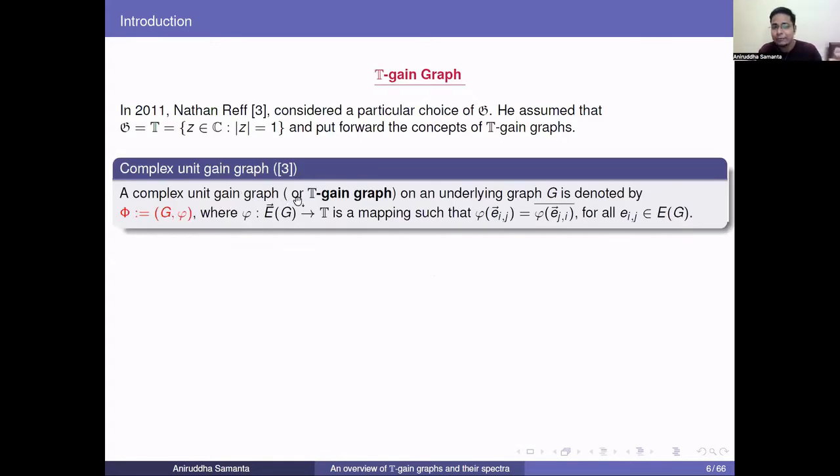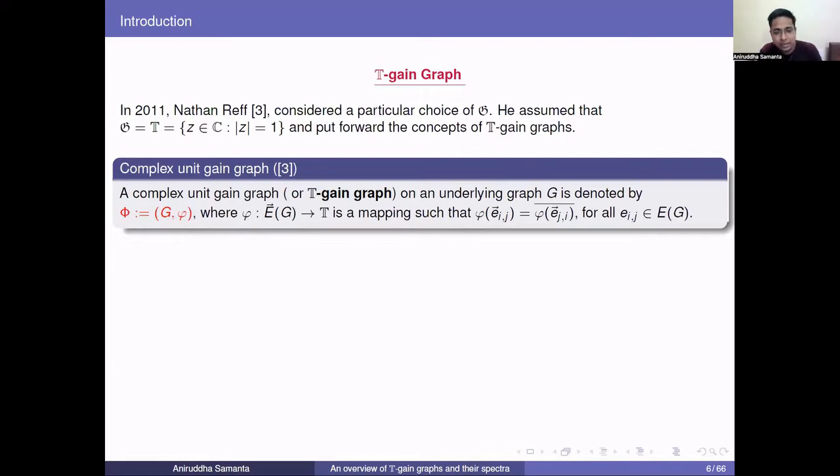A T-gain graph or complex unit gain graph on an underlying graph G is basically a graph G together with a gain function phi such that for each edge, the gain of any orientation is the complex conjugate of the gain of the reverse orientation. It is denoted by the pair (G, phi), where phi is a gain function.